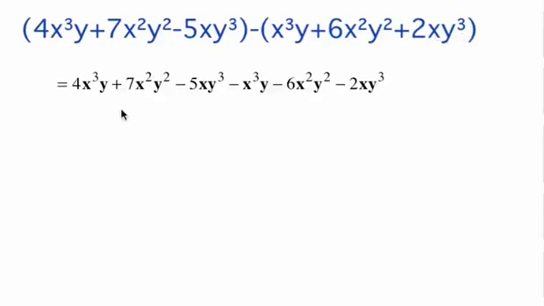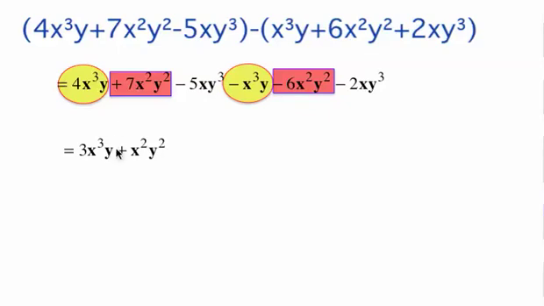So we have 4x to the 3y and add it to negative x to the 3y, which makes 3x to the 3y. And then we have 7x squared y squared added to negative 6x squared y squared, which makes 1x squared y squared. Okay, but we don't bother writing the 1, so just plus x squared y squared. Okay, minus 5xy to the 3 minus 2xy to the 3 is minus 7xy to the power of 3.